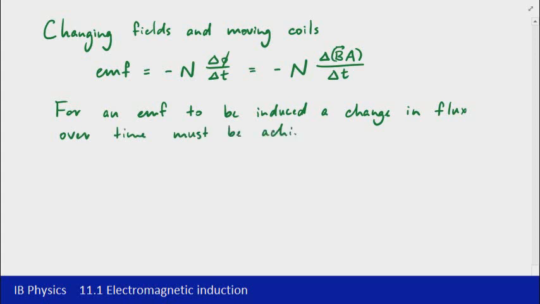Some of the ways that can be done, we'll have a look at a few examples, not a whole coverage of every possible example, but just some ways to get your head around how that applies in a few different scenarios. And basically it comes down to linking back to this equation of delta phi on delta t.